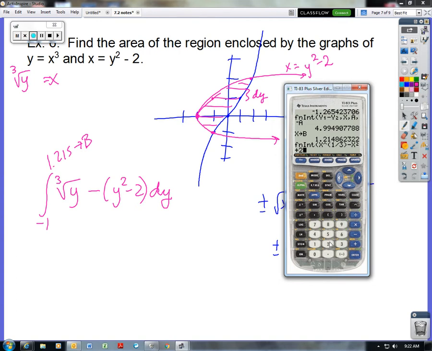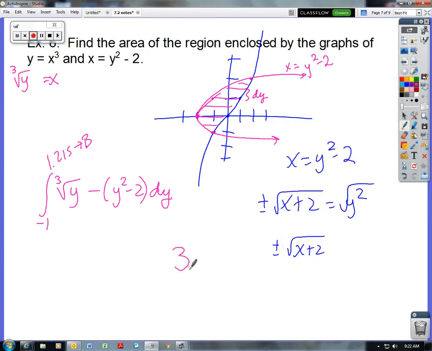Comma, x, comma, -1, comma, and then alpha B, enter. And we get 3.721 is the area.